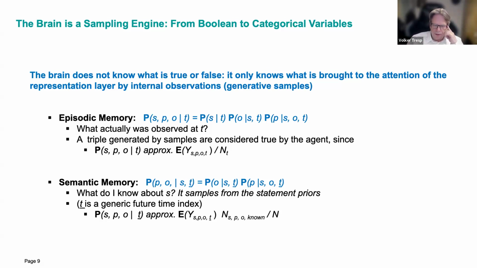And we argue in the paper that this is proportional to our confidence that this statement is actually true. And we have a similar relationship with respect to semantic memory, only that here we start with the S, the subject we want to have information about, then the object, and then the predicate. And also here we can argue that this is proportional to our belief that this triple is actually true. But the inner language is this sampling language in the brain.